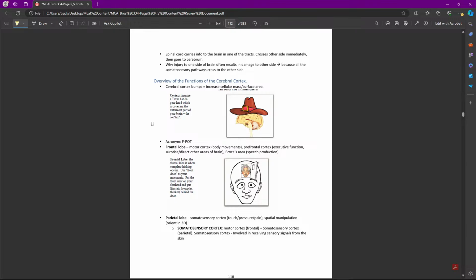So, the frontal lobe is used for the motor cortex, the prefrontal cortex for executive decision making, and Broca's area for speech production. So think frontal lobe is generally consistent with motor movements, speech production, and decision making.